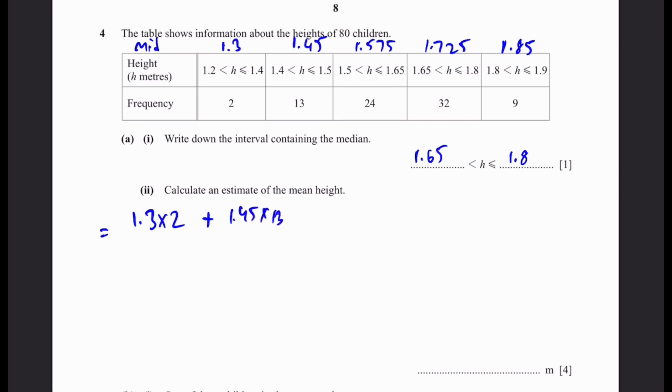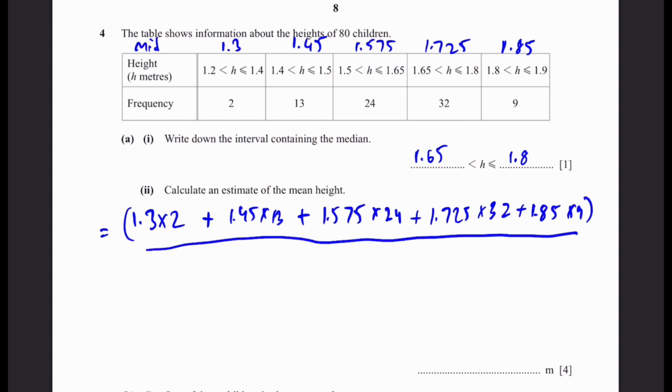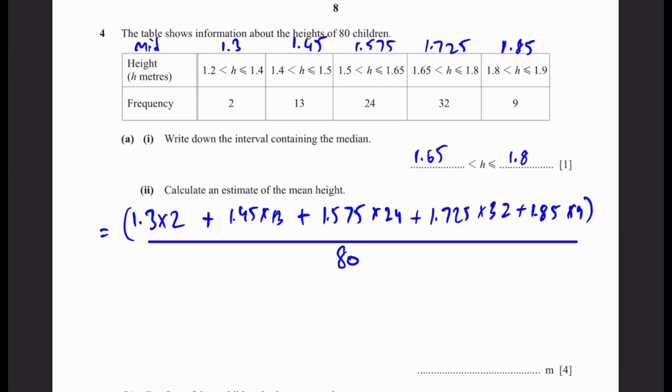We are multiplying midpoints with the frequencies. Add 1.575 into 24 plus 1.725 into 32 plus 1.85 into 9. And the whole thing divided by 80 because that's the total number of children.